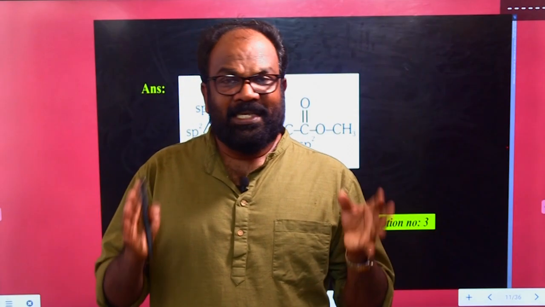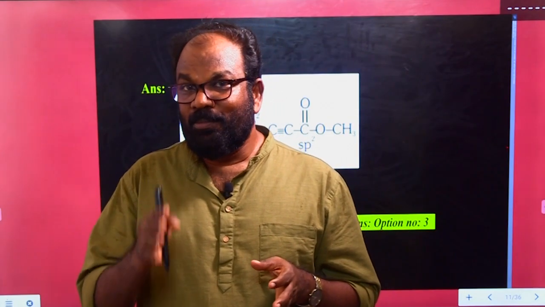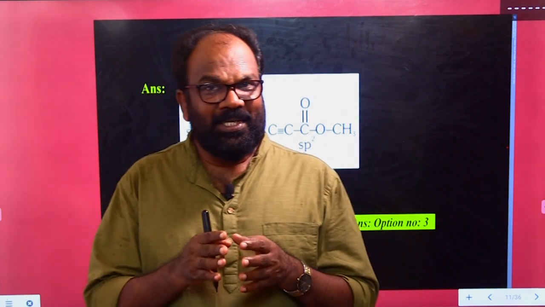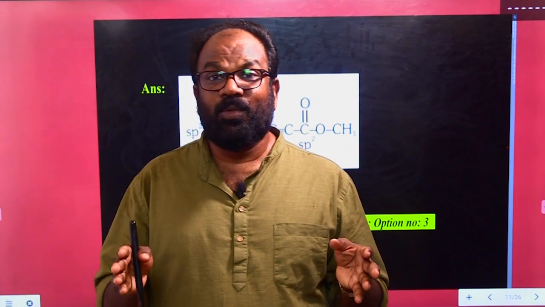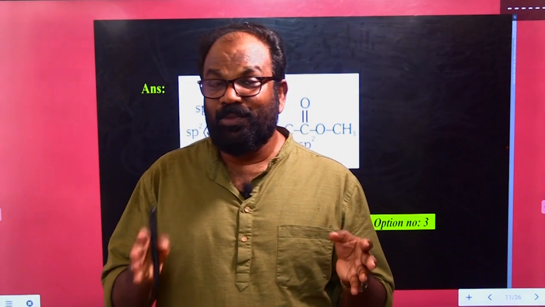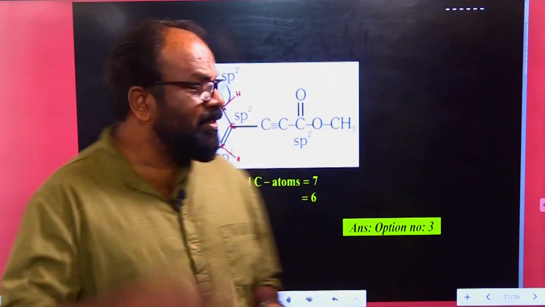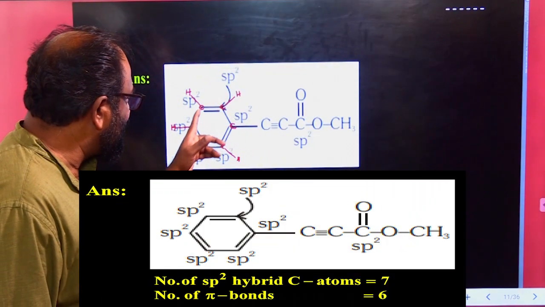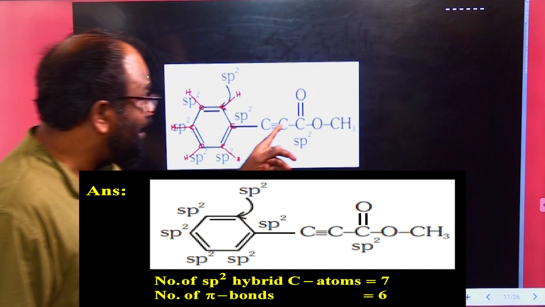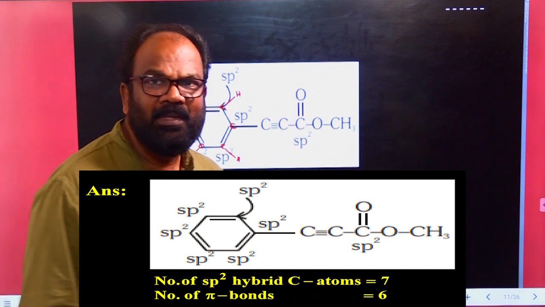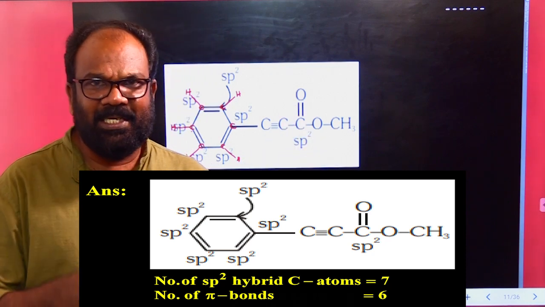Listen, if the structural formula of a carbon containing compound is given, its hybridization can be easily determined by calculating number of sigma bonds around it in that molecule. Here in this compound, all the 6 carbon atoms of benzene ring and the carbonyl carbon of this ester group are under sp2 hybridized state.